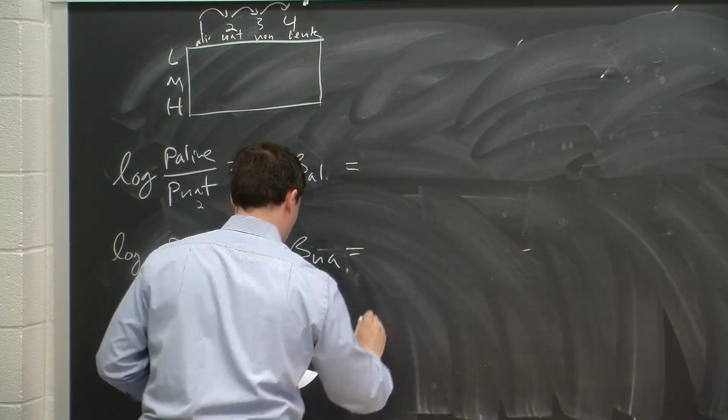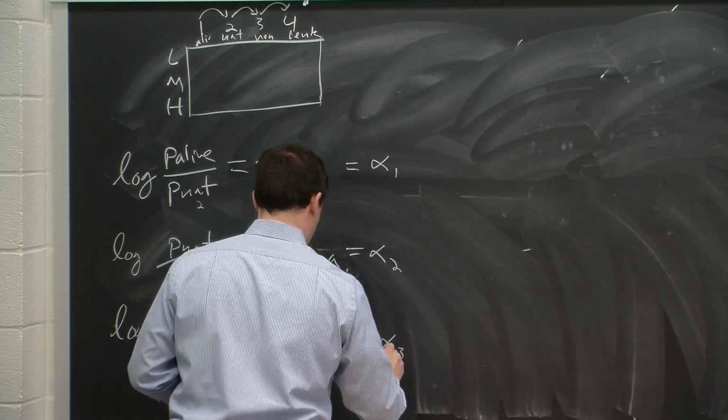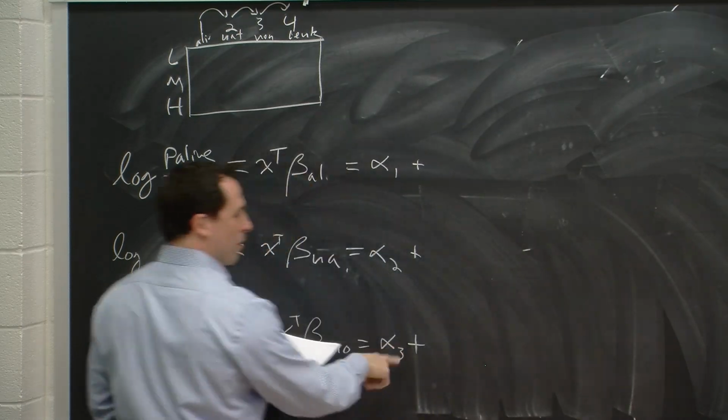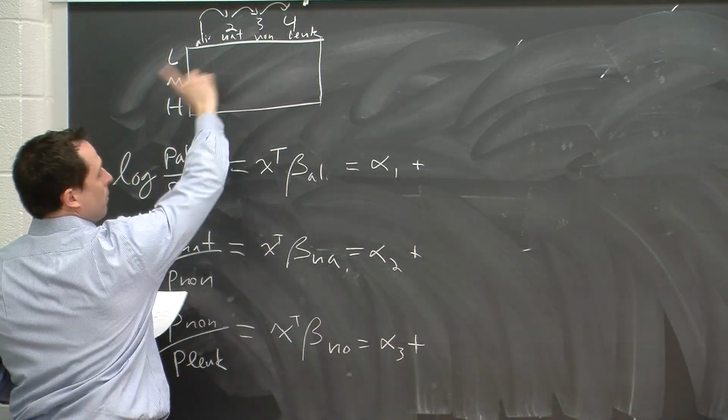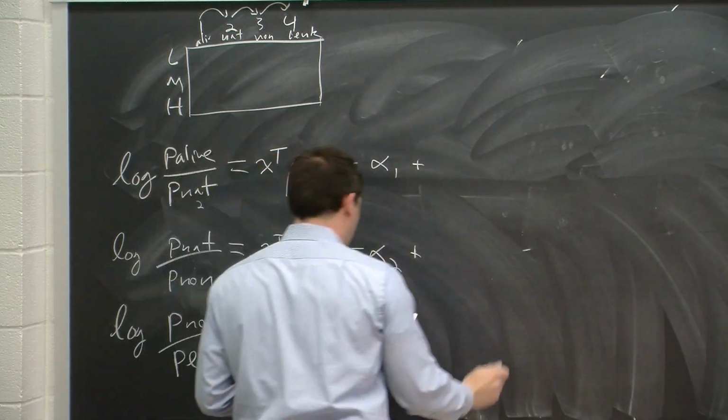And writing that out, we have some intercept, alpha 1, alpha 2, alpha 3, plus we have only 3 intercept terms, the number of outcomes minus 1. And so the intercept-only model would be done.